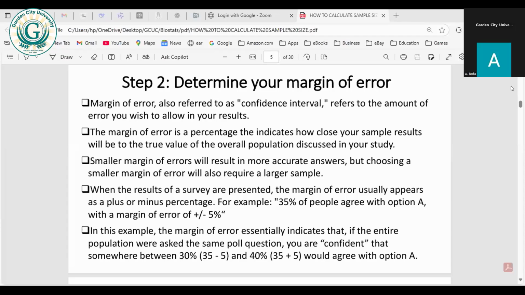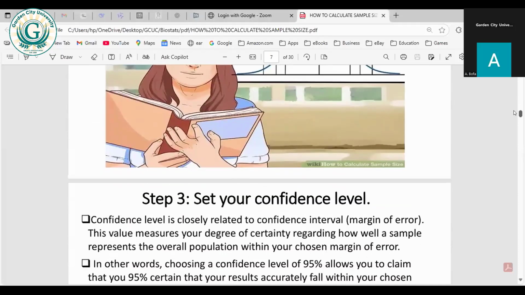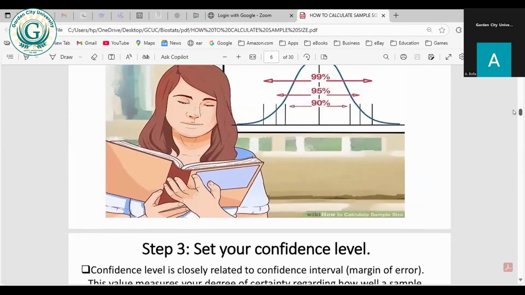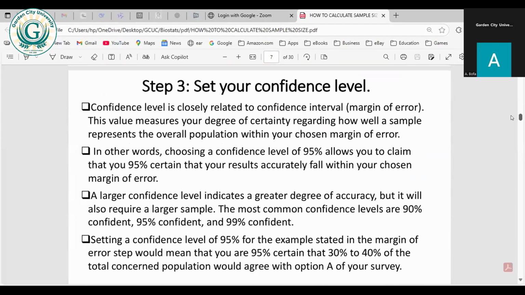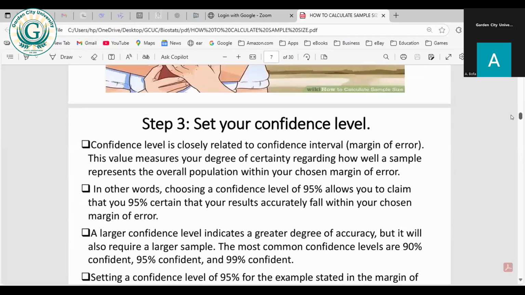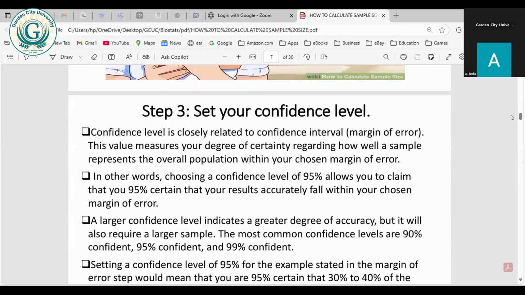If you get your population and your margin of error, then the next is the confidence level. The confidence level is a value you assign that is associated with how confident you are in whatever you are doing.